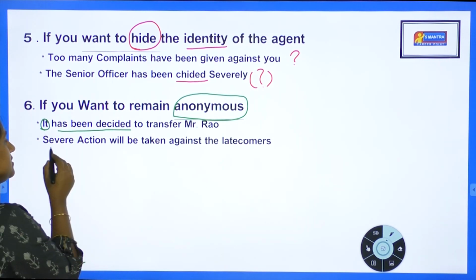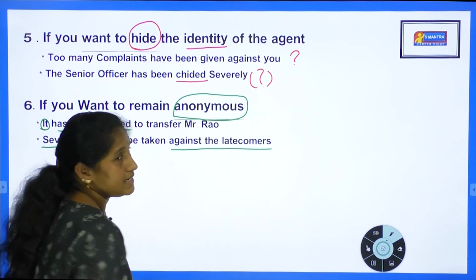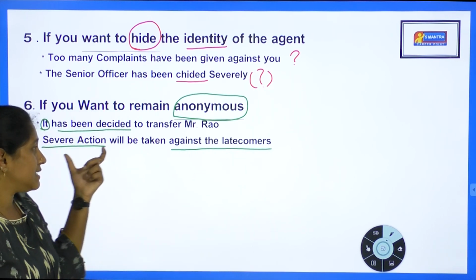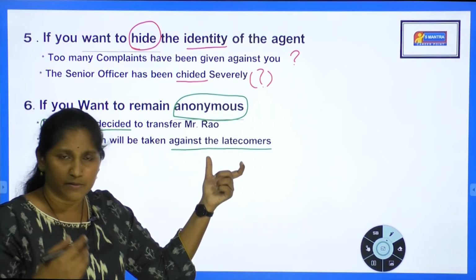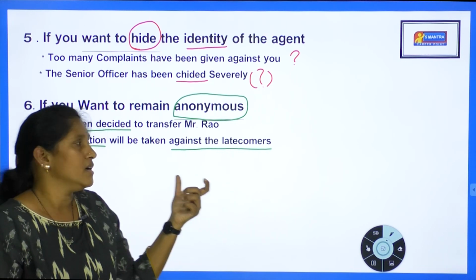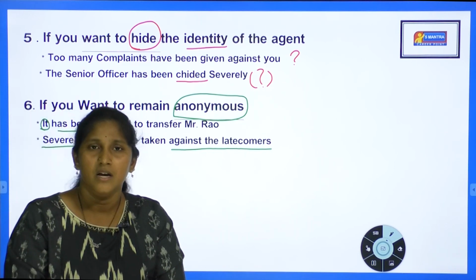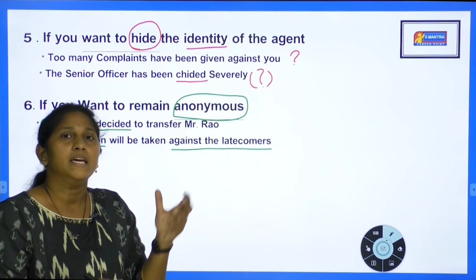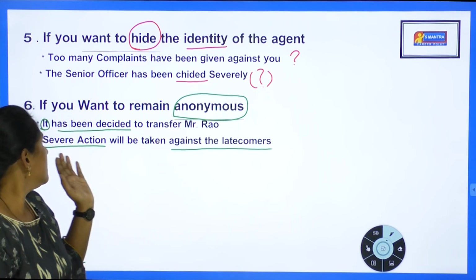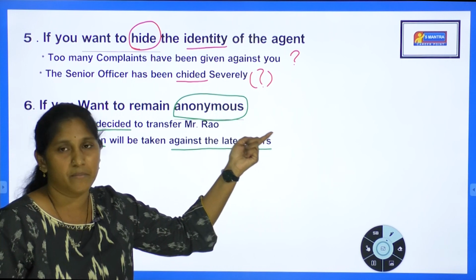Severe action will be taken against the latecomers. Here also the speaker is telling, whether it is the principal, teacher or any superior, in the gatherings, in the meetings or in assembly, that severe action will be taken against the latecomers.